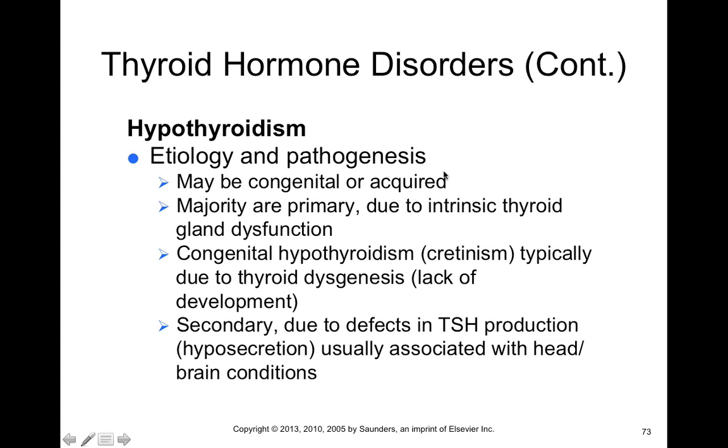Okay. So hypothyroidism, you guys, is just basically low thyroid hormone level, and it can be congenital or acquired. The majority are a primary disorder from intrinsic gland dysfunction. And if it's congenital hypothyroidism, we call this cretinism. You know, cretin is an adjective we use, and it's sort of derogatory, right?